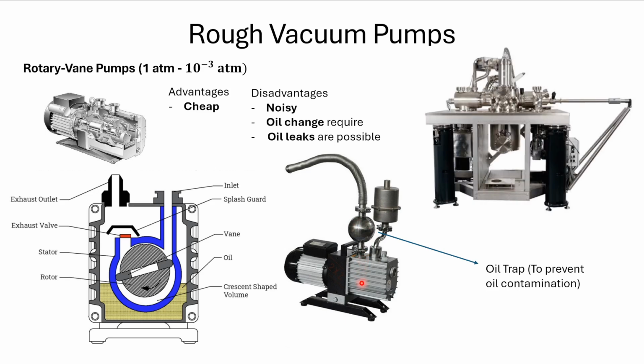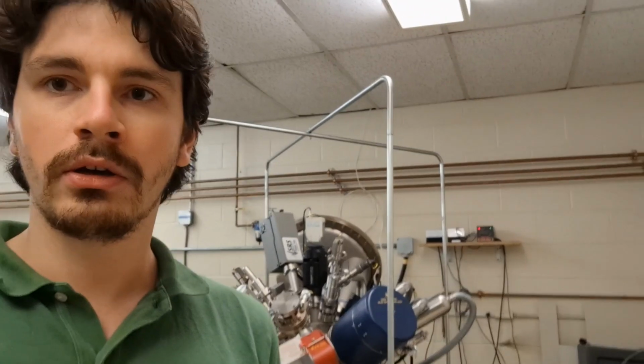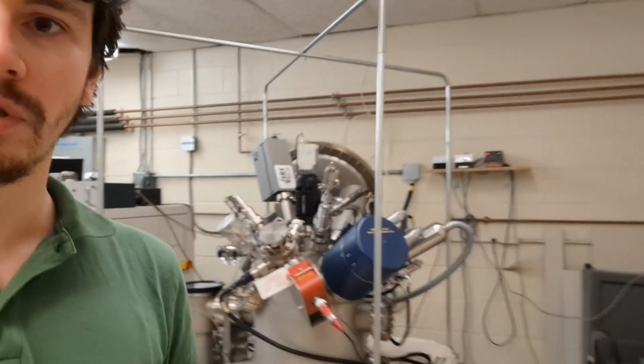And by the way, if you don't know what a UHV system is, this is a UHV system. We want all the molecules out of this system. Therefore, we call it a UHV system, and ultra high vacuum systems have very low pressure. So this is one of our UHV systems, you can see.